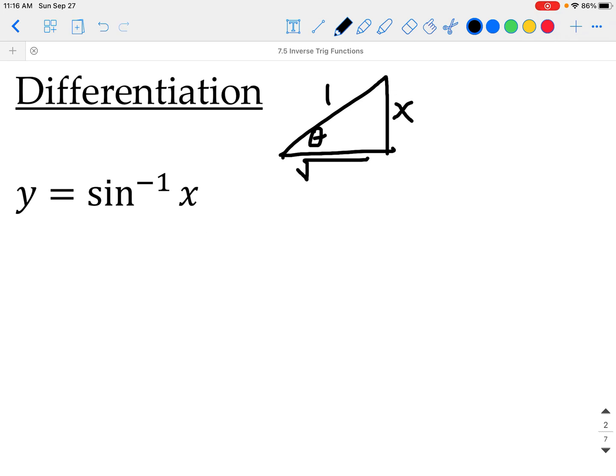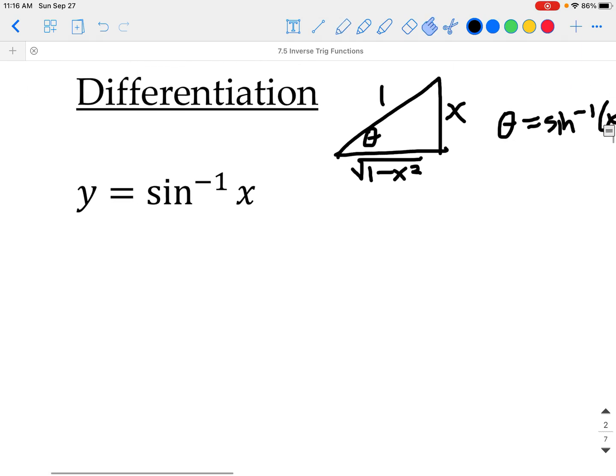And then we'll get this radical 1 minus x squared. Now we can work through our expression. And note, theta equals arcsine of x here. So that's really our angle measure, just the arcsine expression.